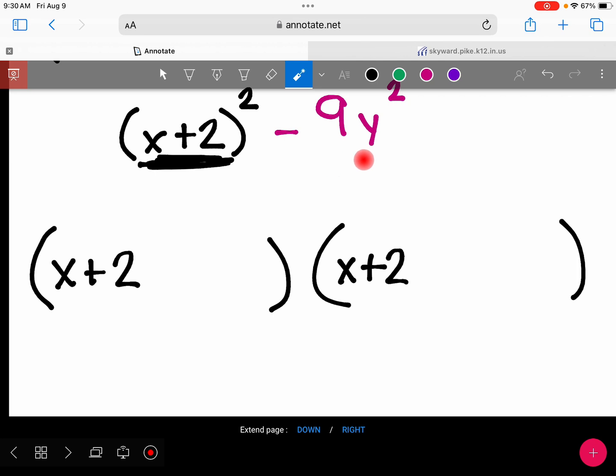What's going to be our back piece? 3y. And it's between those two chunks where we have our sign difference. We get a plus on one and a minus on one. It's not all the signs in it. It's just the one between my two factor pieces.